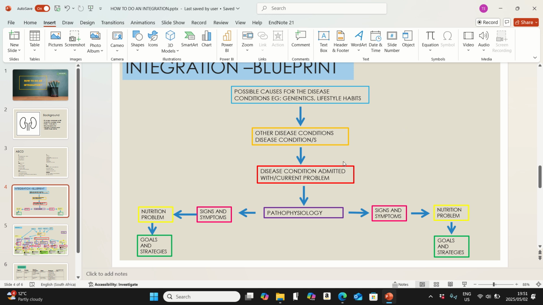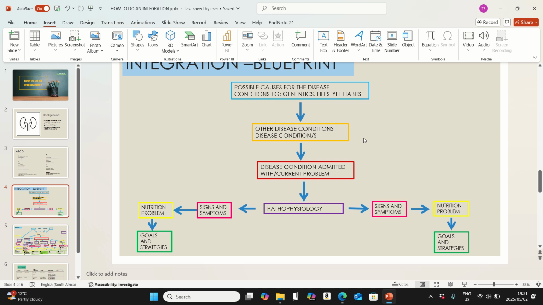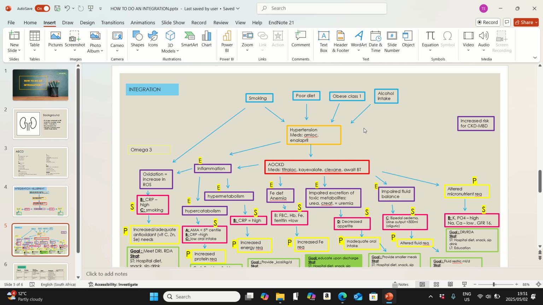So this is what you're going to use for all of your integrations, basically, your outlay. It looks a bit messy because there's a lot going on here, but let's get into it. For our patient, he had a smoking history. He had a poor diet, he was obese class 1, and he had an alcohol intake.